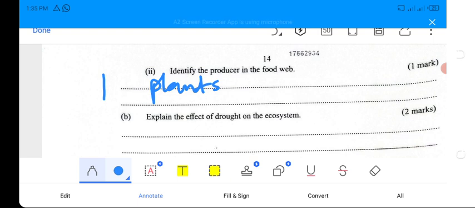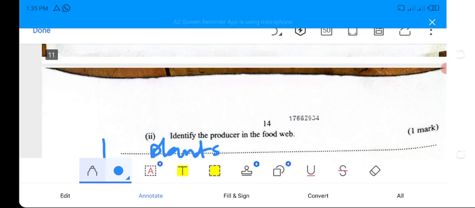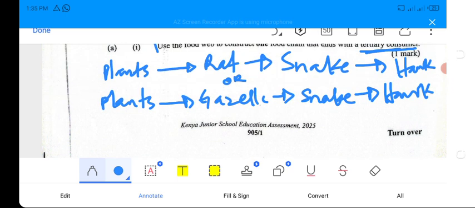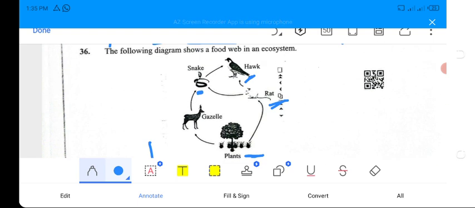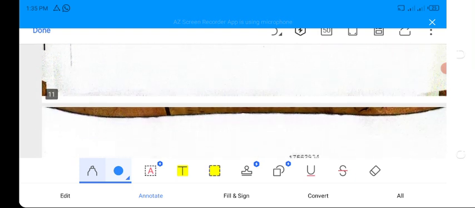Explain the effect of drought on the ecosystem. So when there is drought, the first thing that will happen, plants will dry. And when plants dry, the population of all other organisms will reduce terribly in the ecosystem.